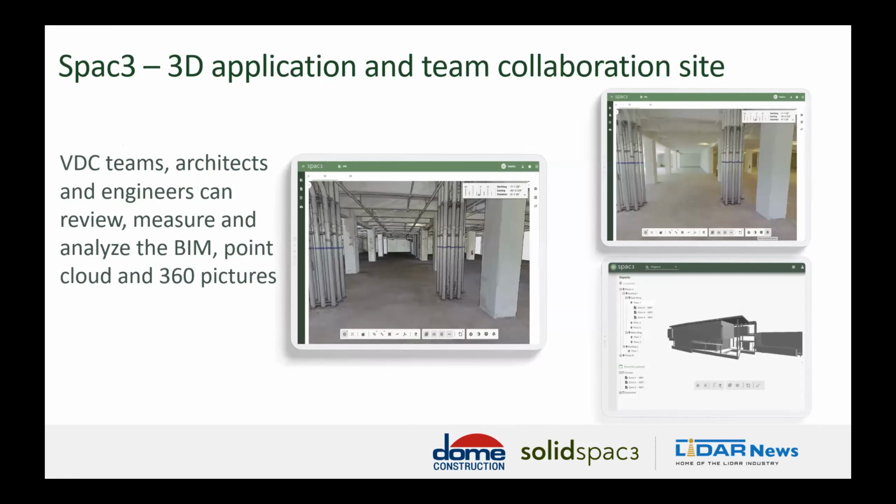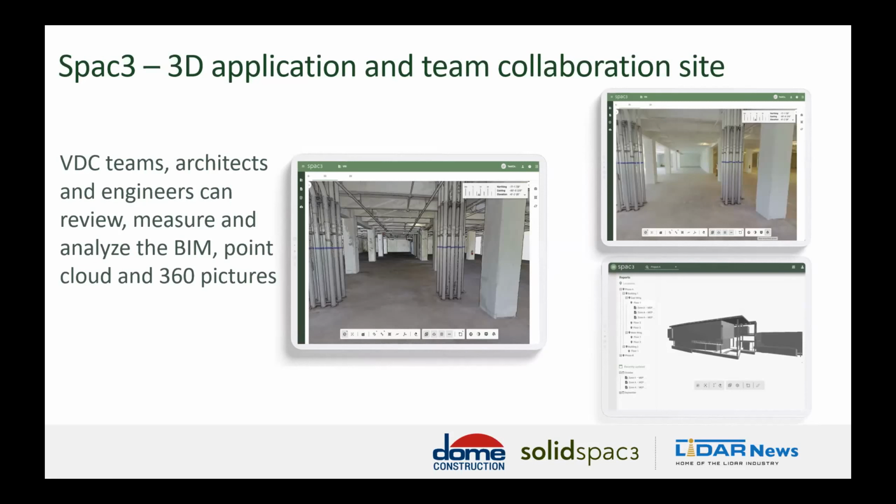The previous variance reports I just showed you are used with the field team primarily. But the VDC and BIM teams can also use our Space online application that stores those large files like the scan file, the BIM models, and drawings. But the unique thing here is by clicking on the variance report itself, like you saw previously, and hitting the image, you can actually enter the model directly.